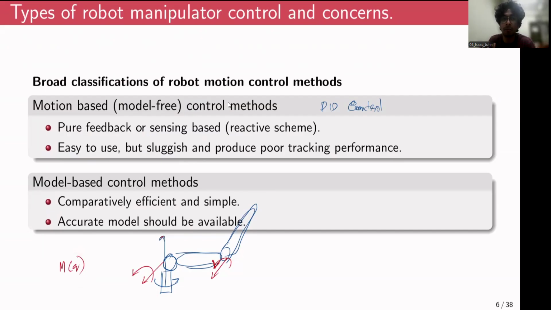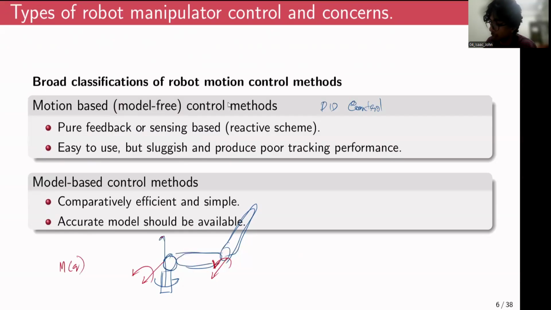But if you are using a pure model-free or pure motion-based controller, we cannot anticipate it, right? We don't have any information from the model. So we give a control input based on the feedback. If the arm is fully stretched out, it will take some time for the error to grow, and as a result the necessary correcting control input also takes a lot of time to catch up.